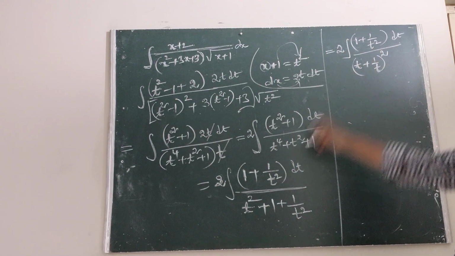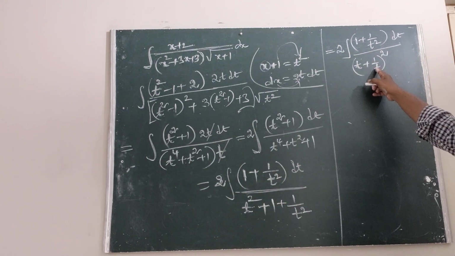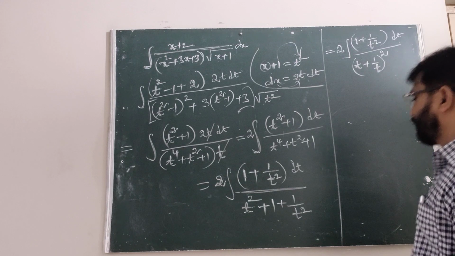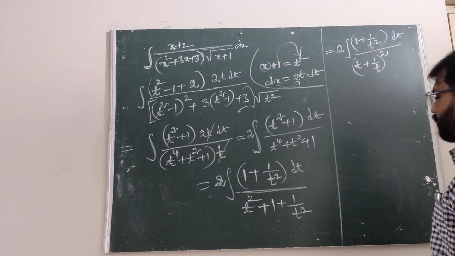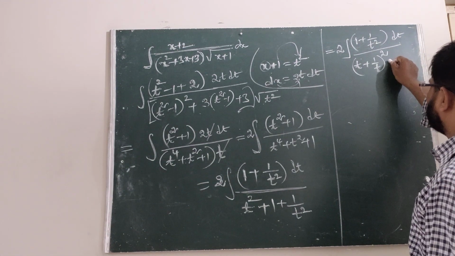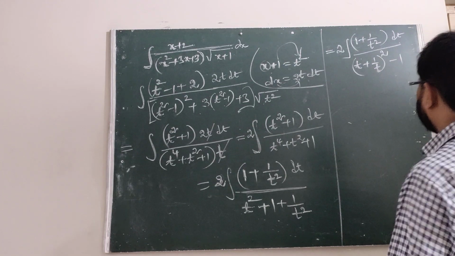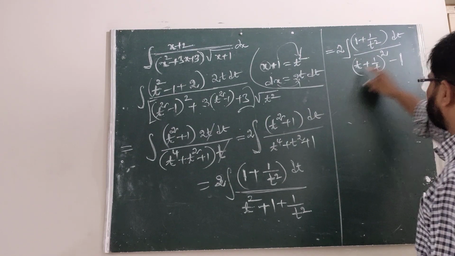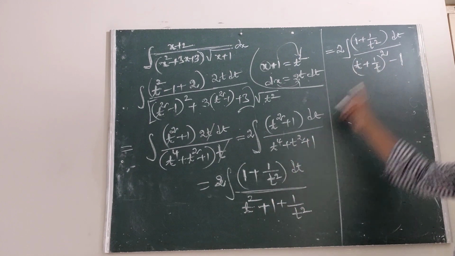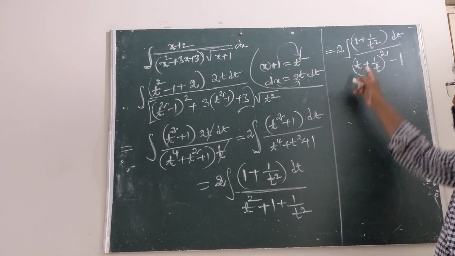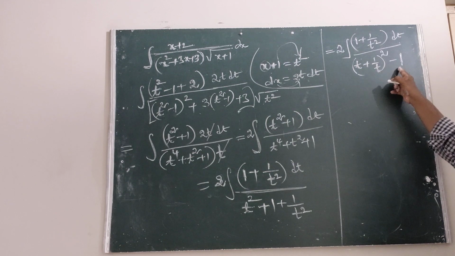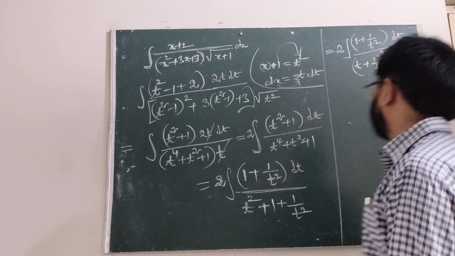Here a square is this one, b square is this one. Now we can write 2ab, and then b square minus 1. Is it clear how to write this one? Here 2ab plus 2 minus 1 is the 1.